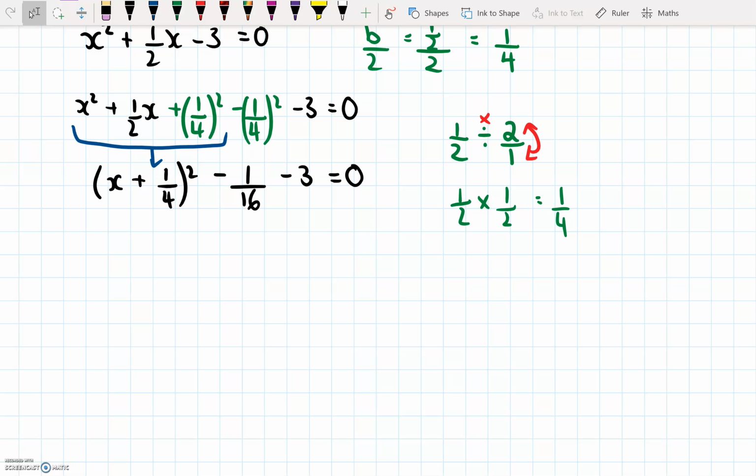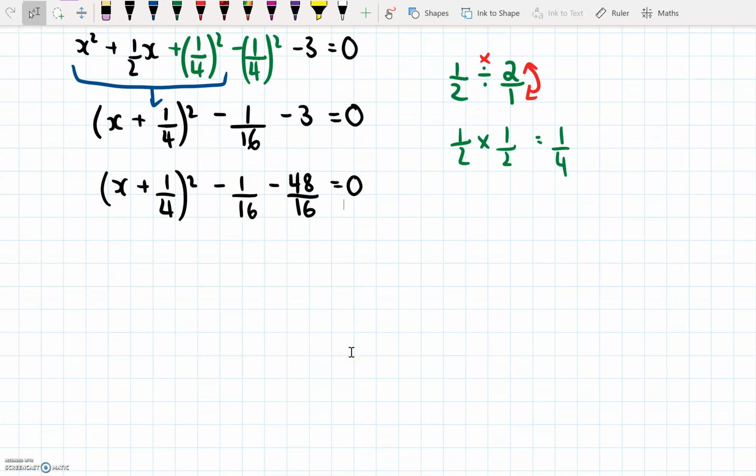Now, if we go further with this, we're going to get x plus 1/4 squared minus 1 over 16, and then 3 times 16 gives us minus 48 over 16 equals 0. Let's tidy this up a little bit.